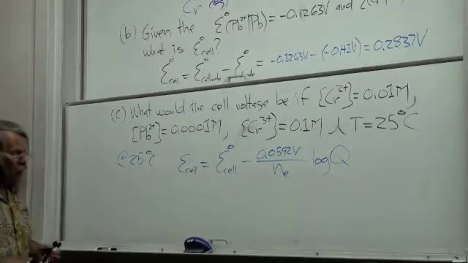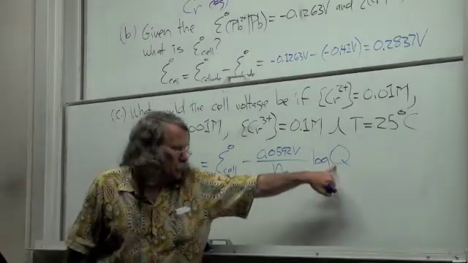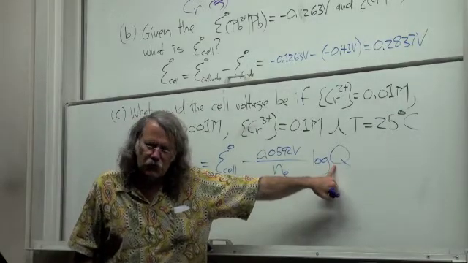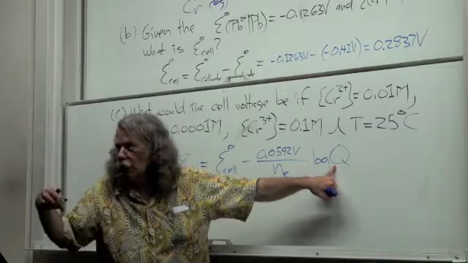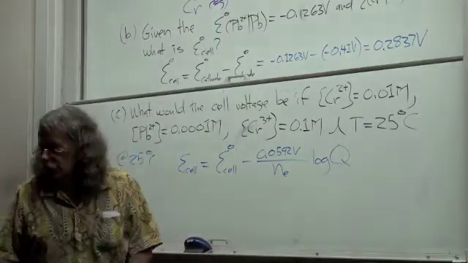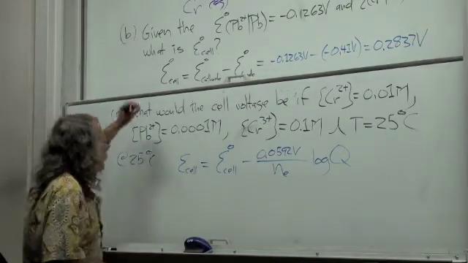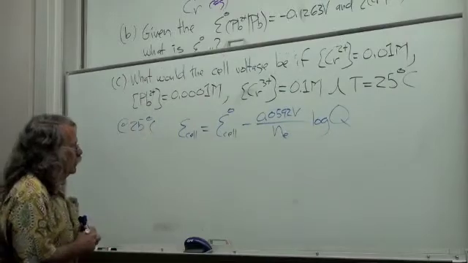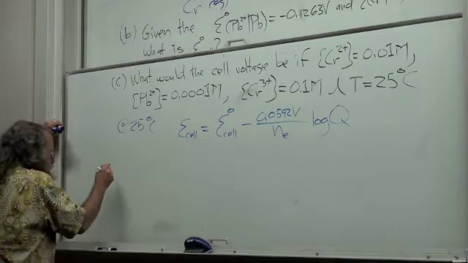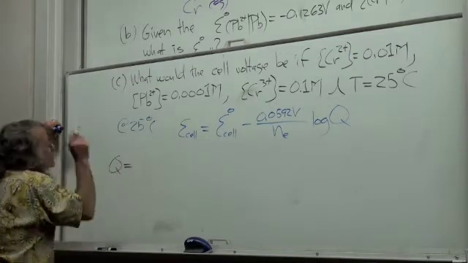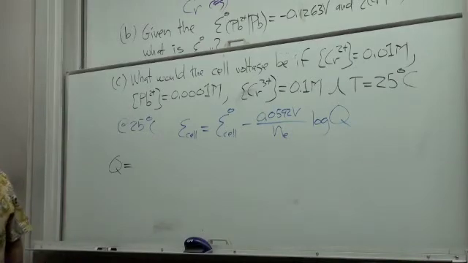So all we need to solve this, since we already know the cell potential under standard conditions, is Q. What does Q represent in this expression? Mass action. Well, actually we call it the reaction quotient. Q depends on the conditions and the context in which it's used. Q is equal to what? Look at the expression up there.